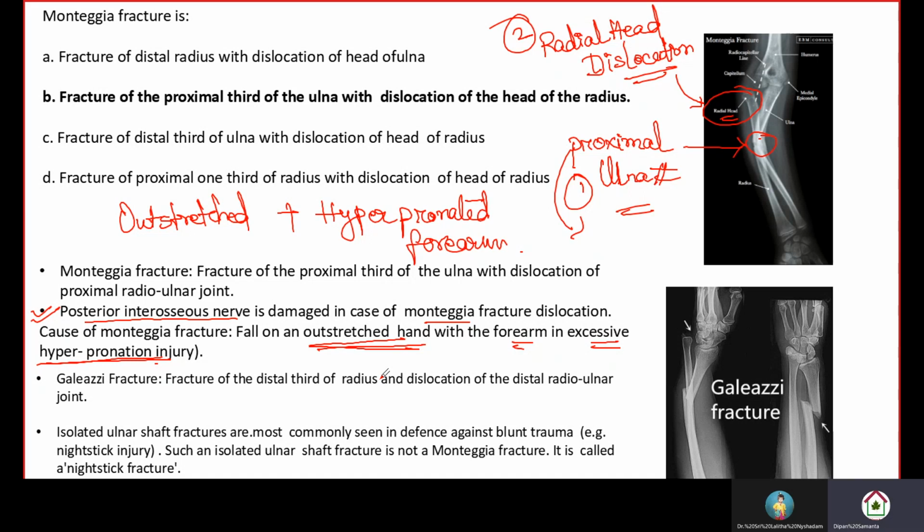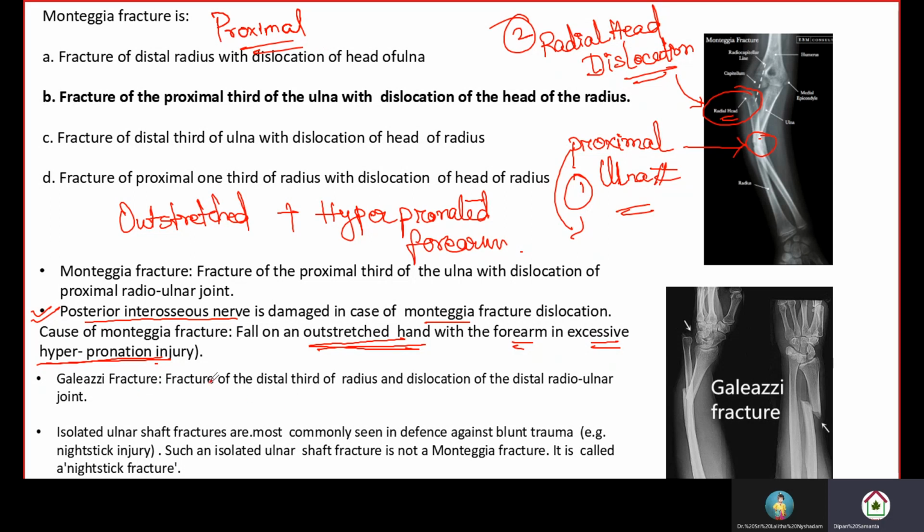It is completely in the proximal area, starting from ulnar fracture, leading to radial head dislocation.